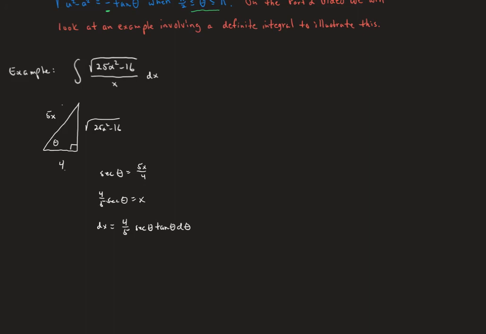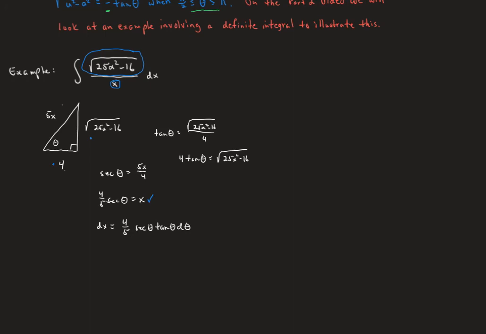Now we need an expression for x. But we already have that here. And we need an expression for this whole square root. So we're going to partner our radical with our constant. And so that means tangent of theta is the square root of 25x squared minus 16 over 4. That means that 4 tangent theta is what we're going to use to substitute for that square root of 25x squared minus 16.